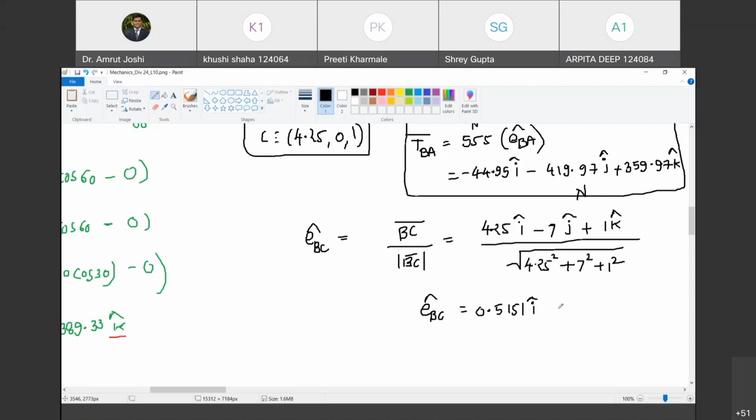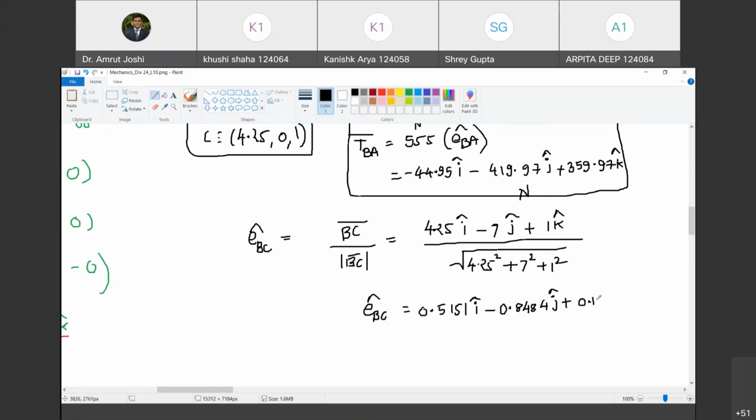Now let us calculate for the second term, that is 0.8484. Is that right? Yes, sir. J cap. Let me calculate for the third term. So this is equal to 1, then it turns out to be 0.1212.